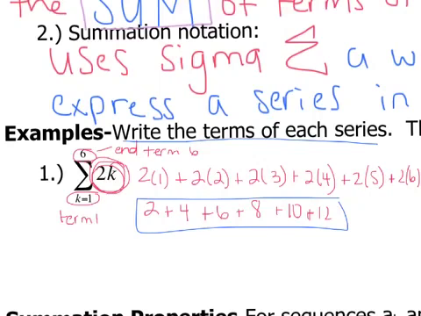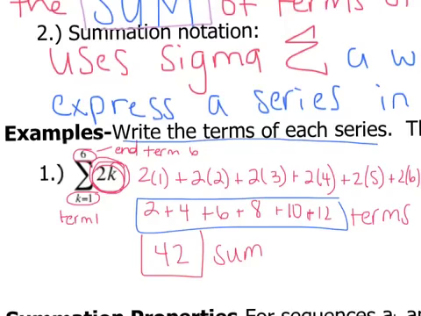Exactly. When it says evaluate, just add them together. So 2 and 4 is 6, and 6 is 12, and 8 is 20, and 10 is 30, and that's 42. Okay. So these are the terms. 42 is the actual sum.